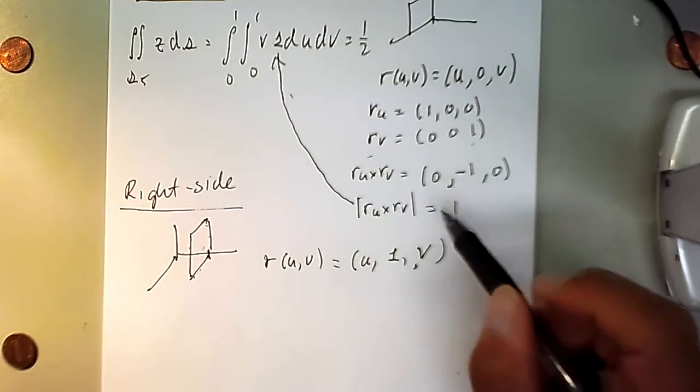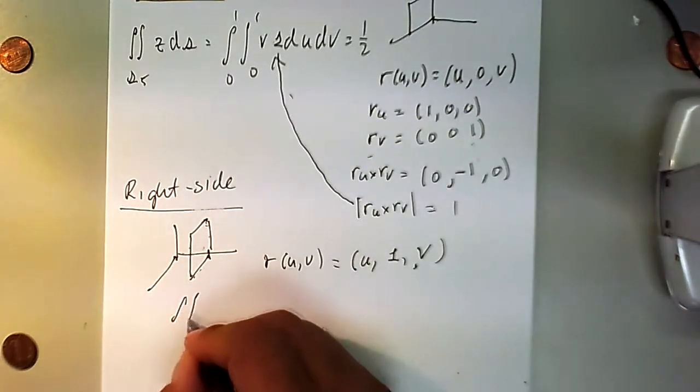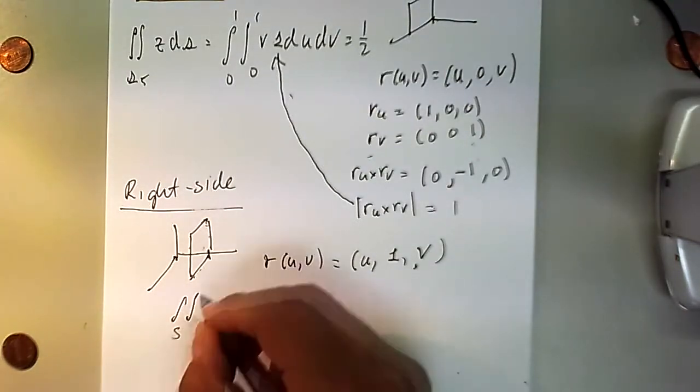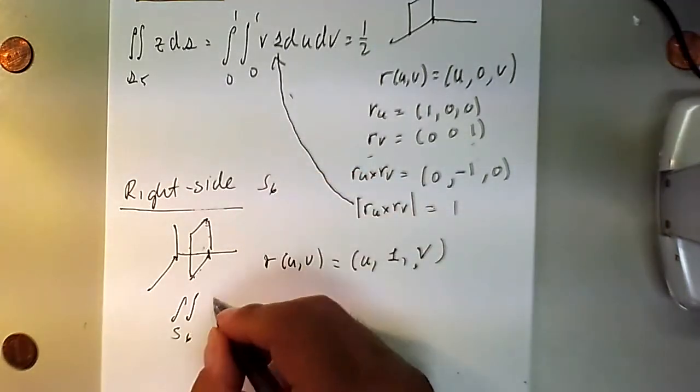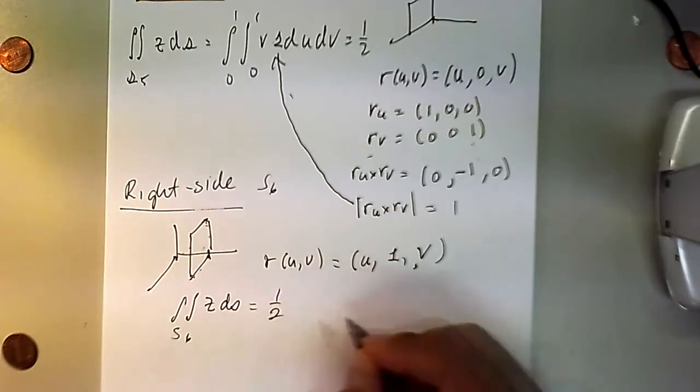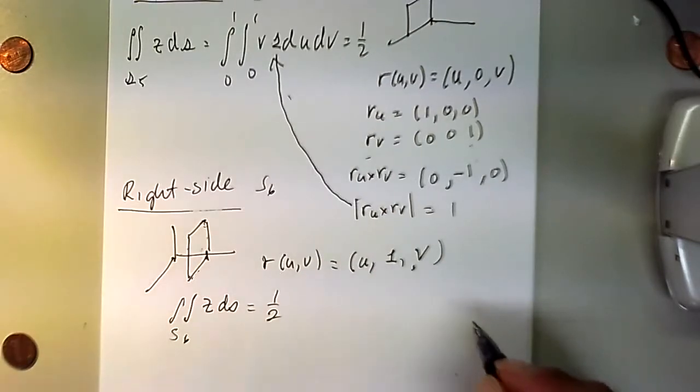So the double integral S6, Z dS will be, again, 1/2. Okay.